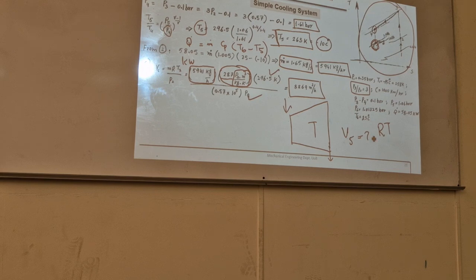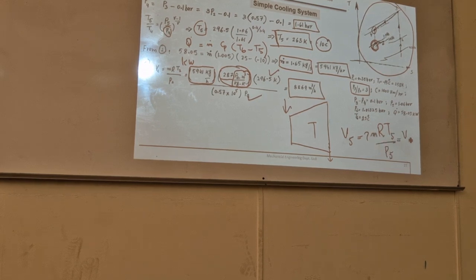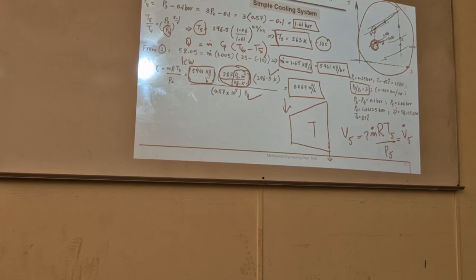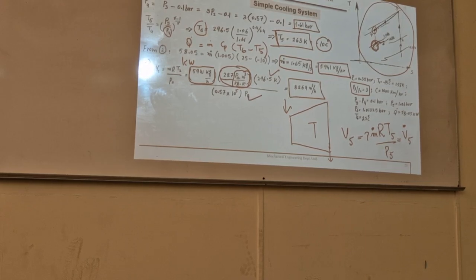So m dot R T5 over P5 will give us V5. M dot is given, so we'll get V dot. M dot already calculated, R again 287, T5 calculated.